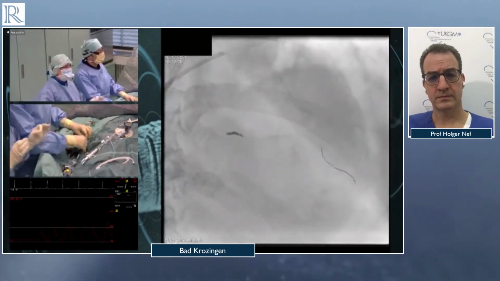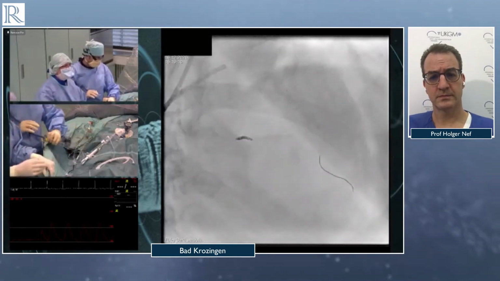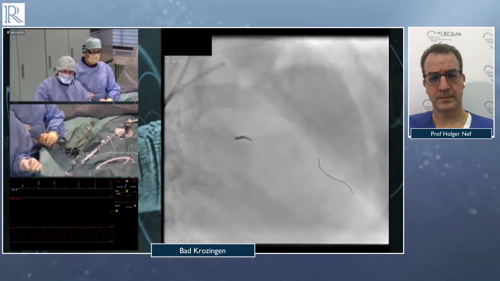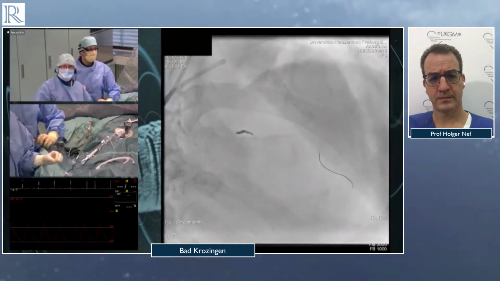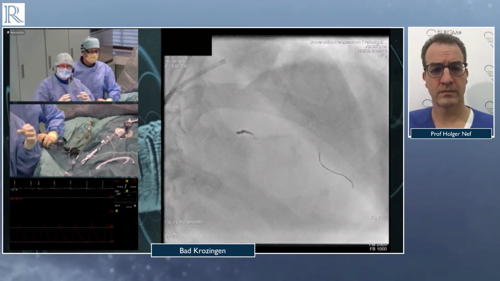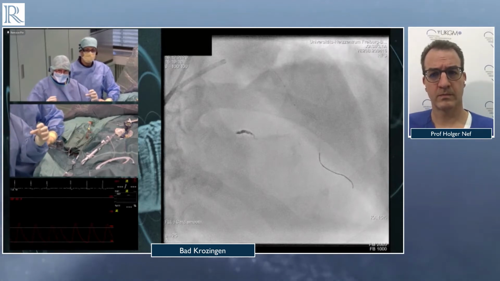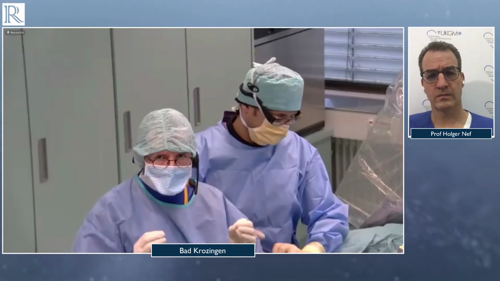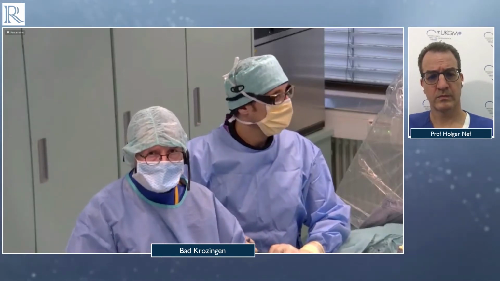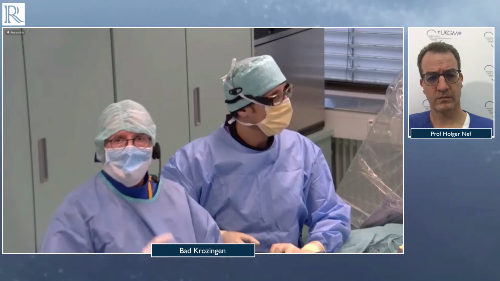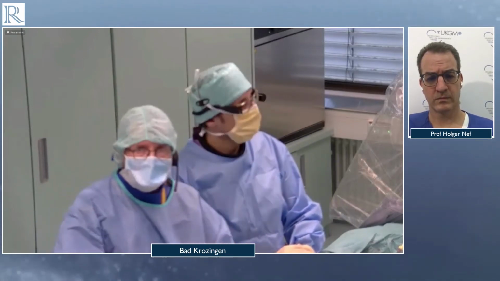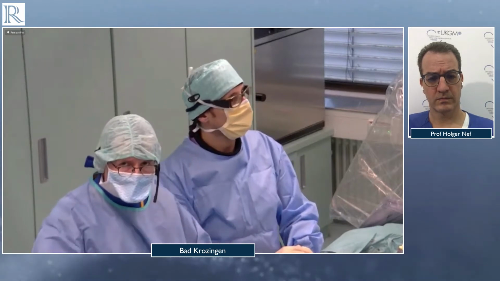We know, okay, we can go here upfront with IVL, but normally I would definitely recommend to make a channel of a minimum of 2.0 millimeters. So what you can do safely in your cath lab in daily routine: take a 2.0 non-compliant balloon, go up to 8 or maybe 10 atmospheres, make a channel, don't risk too much.